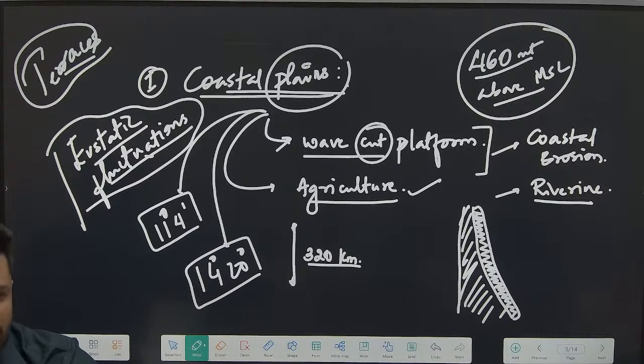Wherever the platform is conducive or the rock structure is favorable, only there does this development happen.